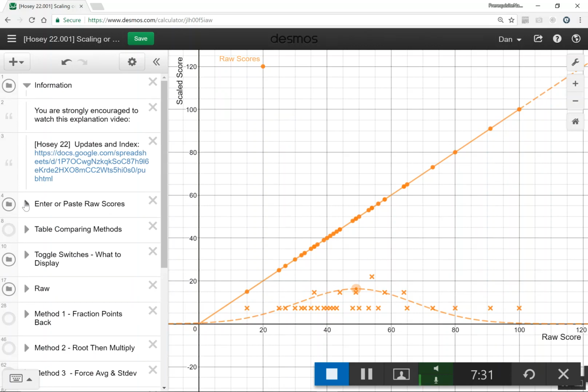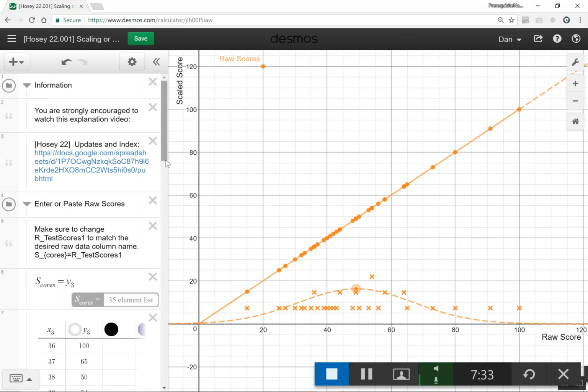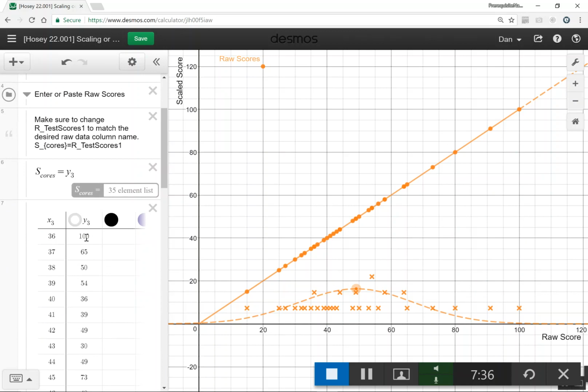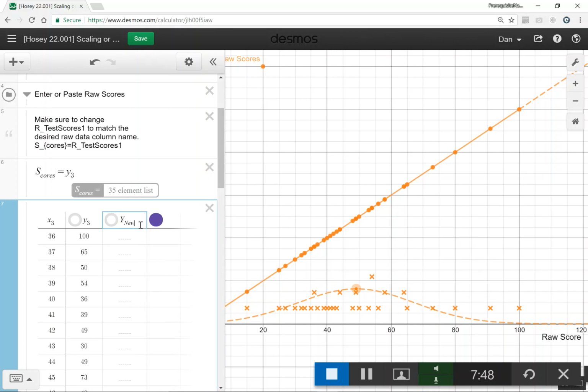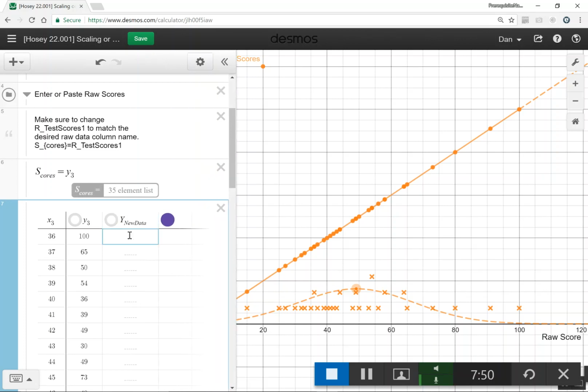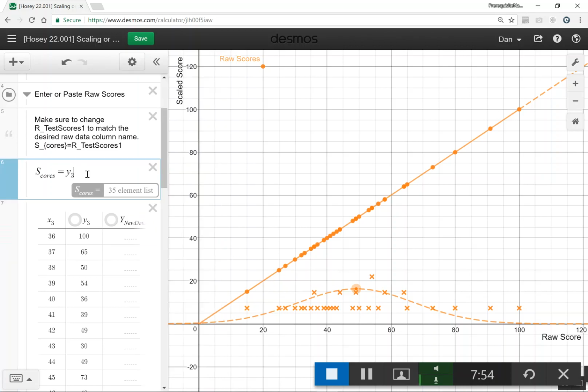If you're interested in entering your own data, what you can do here is just delete these and type in these, or you can add a new column, like let's say Y5. By the way, if you type the underscore key after the first letter, you can make it letters. So for example, Y new data or something like that, and enter yours. Then you have to change this here to match that.